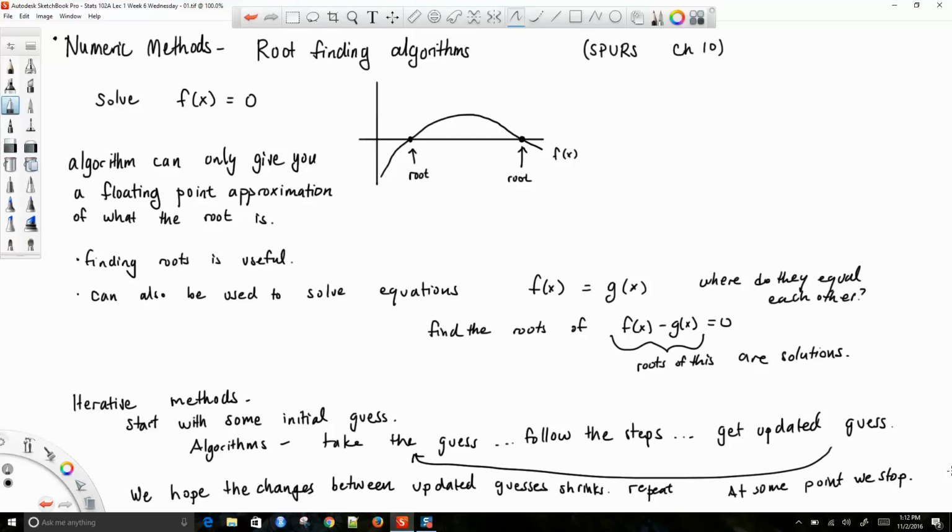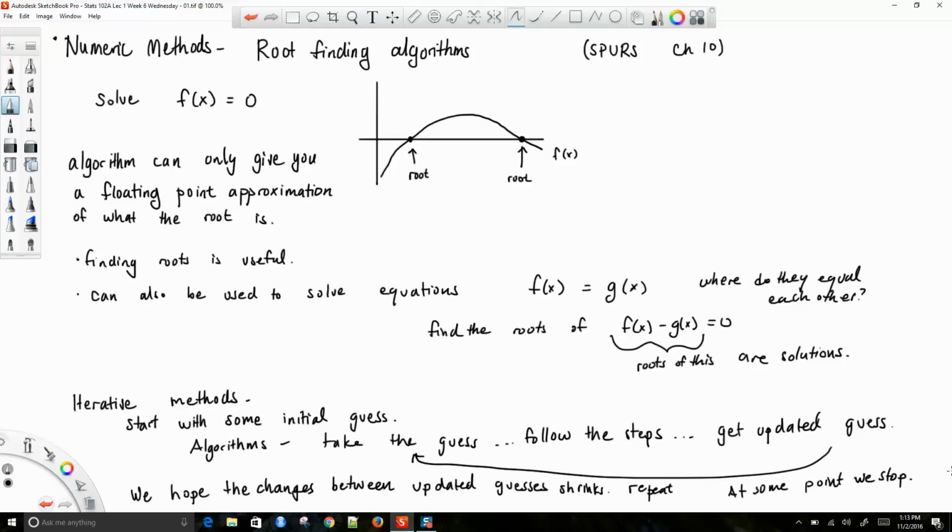Others, they'll converge faster, but only when it works, okay? A lot of times, we use these algorithms because the math behind the function is so complicated that it's too troublesome to get an algebraic solution, right? If you can get an algebraic solution, like if you've got a quadratic, there's not really a point.